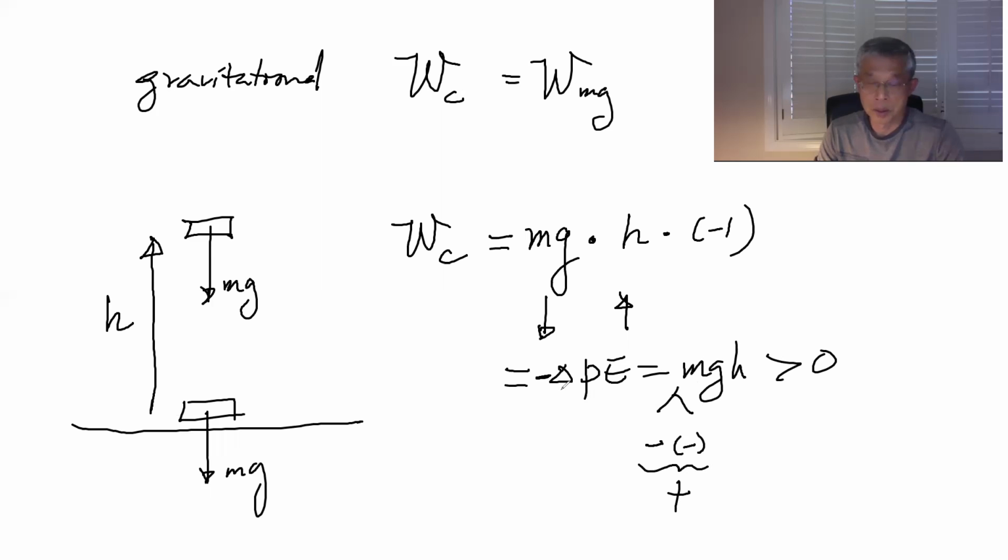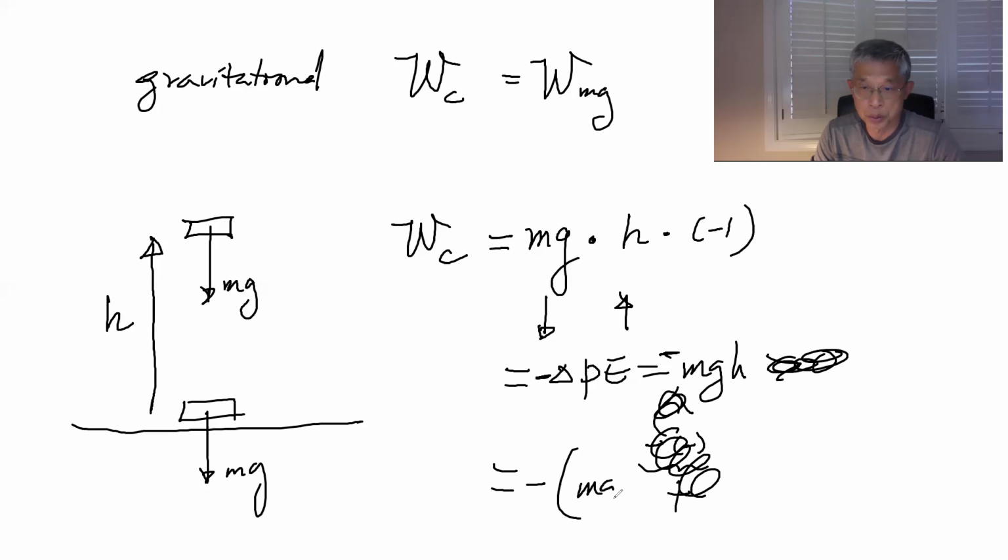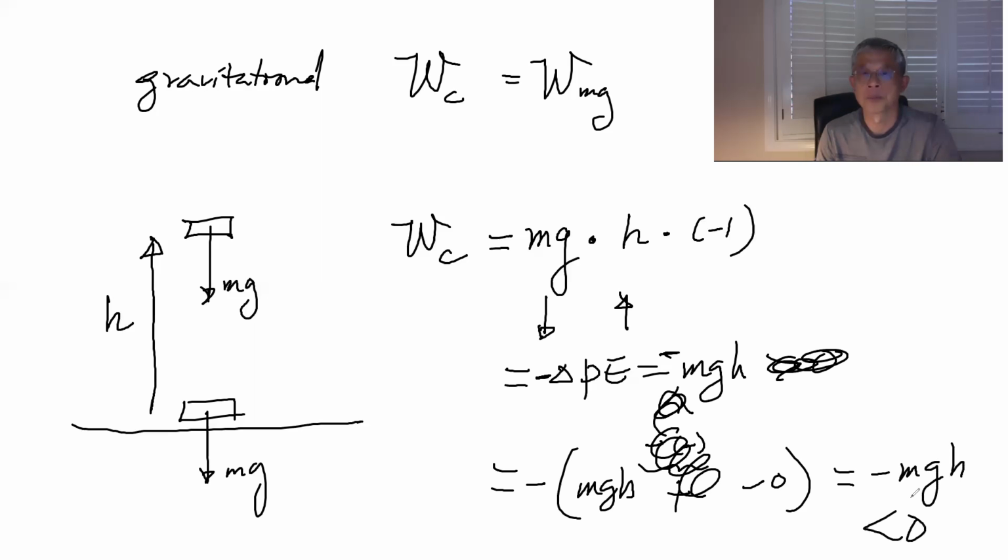So this is minus delta PE, where delta PE is the potential energy here, which is mgh, and the bottom is 0, so mgh minus 0. So minus delta PE is equal to minus mgh, which is less than 0.